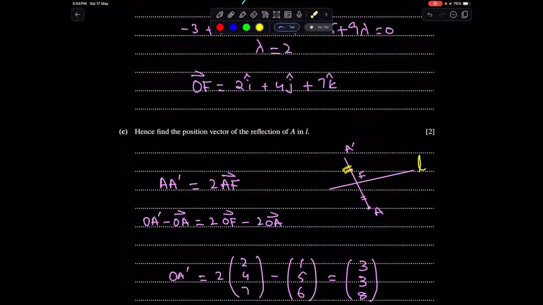So you can write A dash is twice of AF. And A dash will become OA dash according to vectors. This is OA. This is OF minus OA. Just substitute OA, OF here and get the value of OA dash.